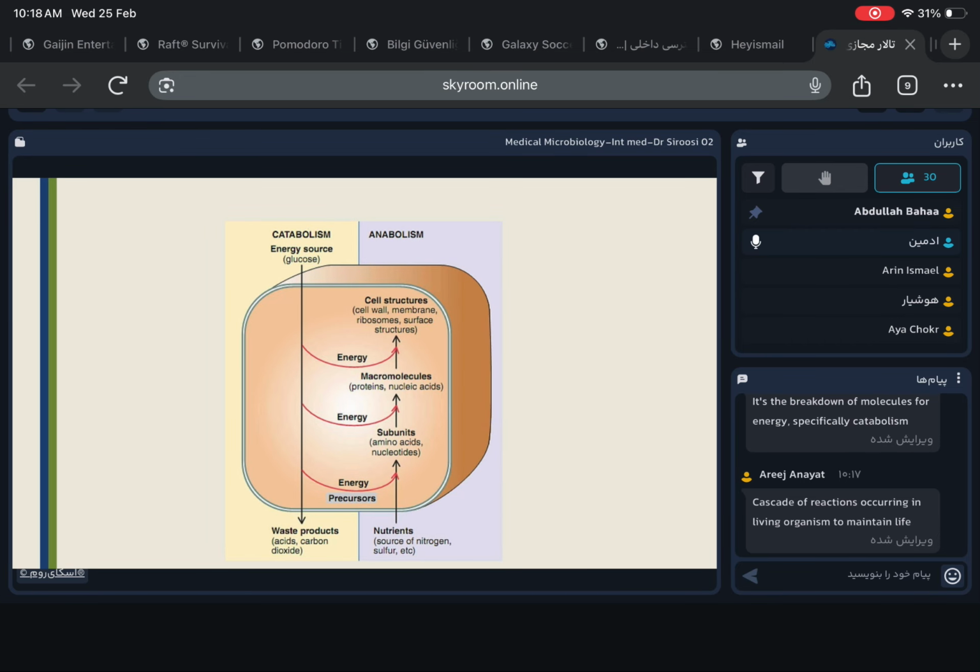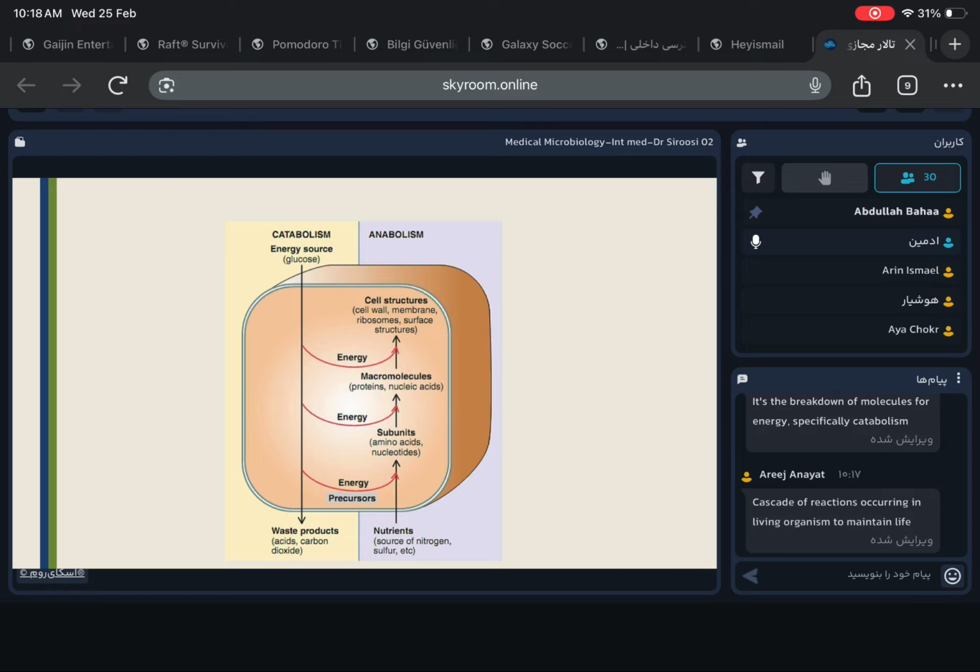For example, here we have an energy source which is glucose. If you take a look at the left part of this cell, it is showing you the catabolism. So we have this energy source. Most bacteria are able to use glucose as the energy source.